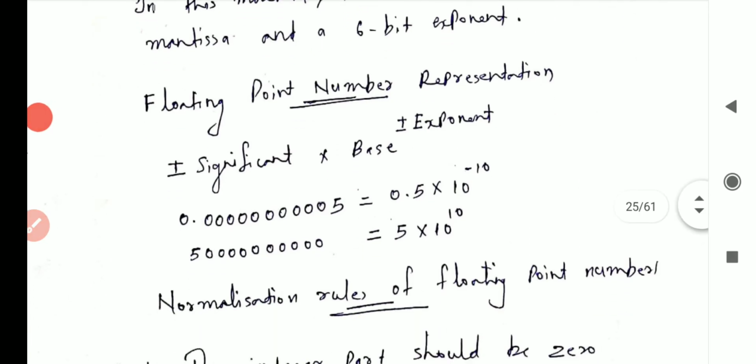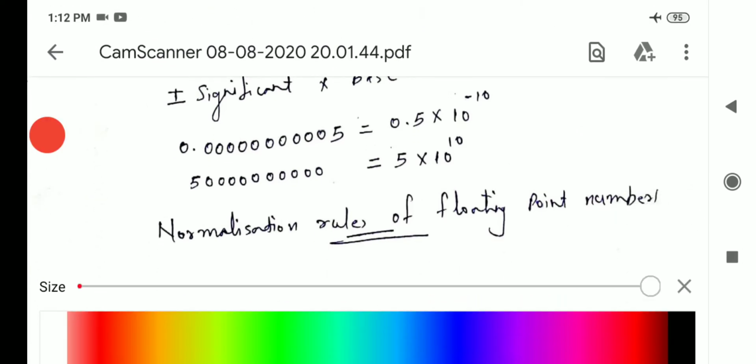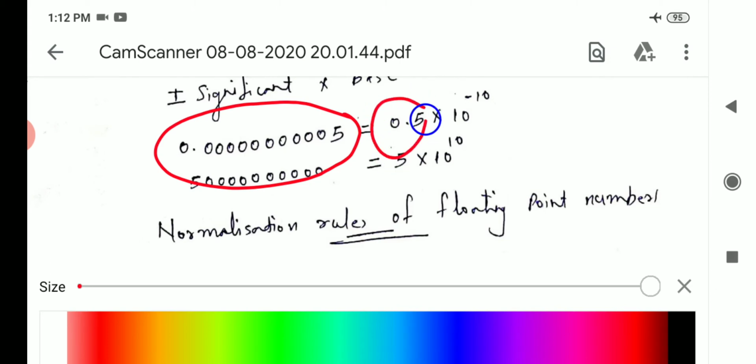The equation is plus or minus significand times base raised to plus or minus exponent. For example, see this example: 0.00000 up to 5, which we write as 0.5 times 10 raised to minus 10.